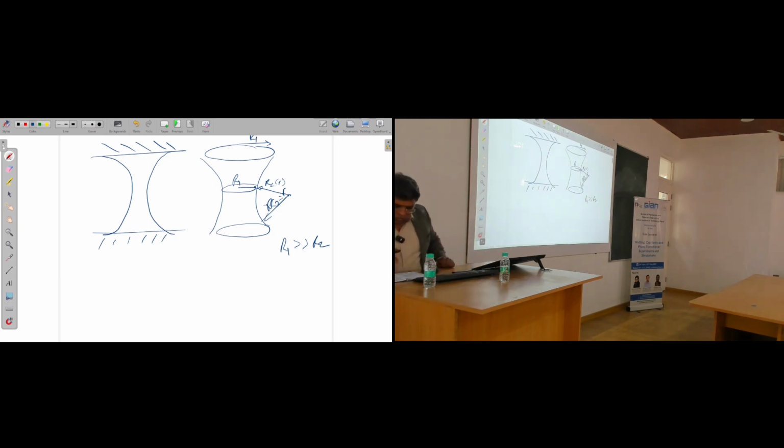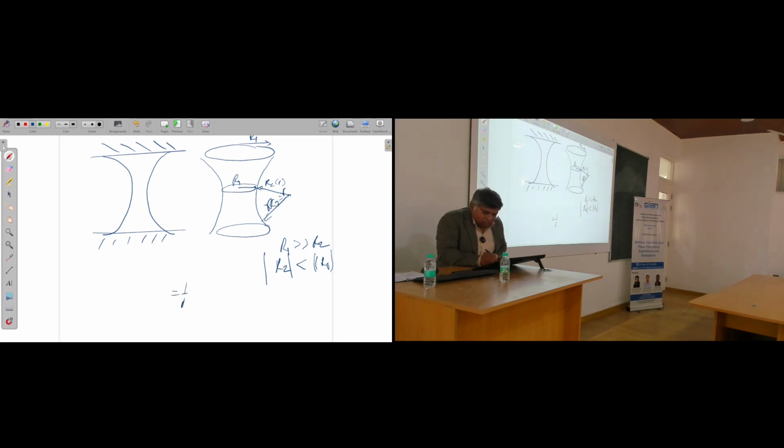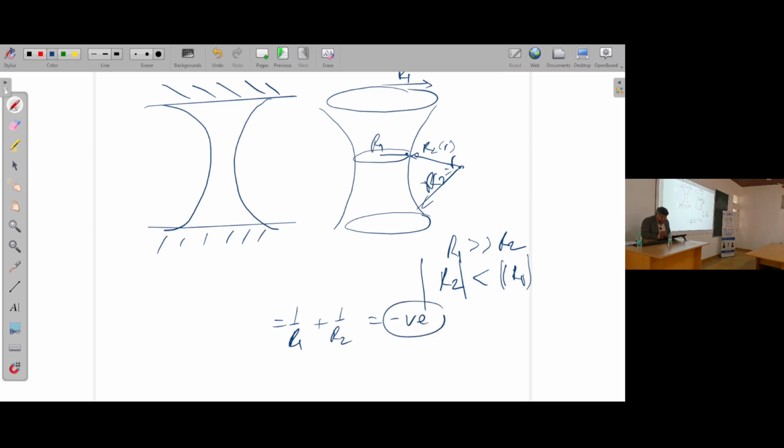So what we can do is we can again look at the energy balance. One thing we can say is, if the modulus of R2 is less than the modulus of R1, that is just the values of R1, then what you will find is 1 over R1 plus 1 over R2 is actually negative.